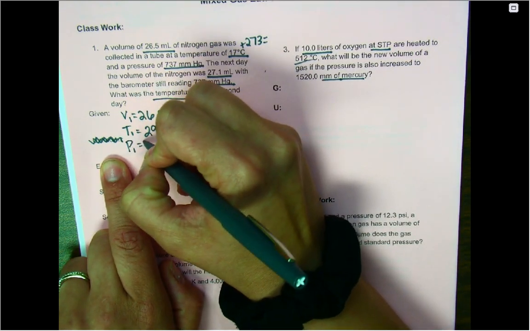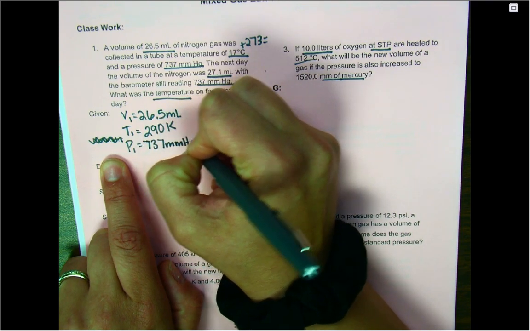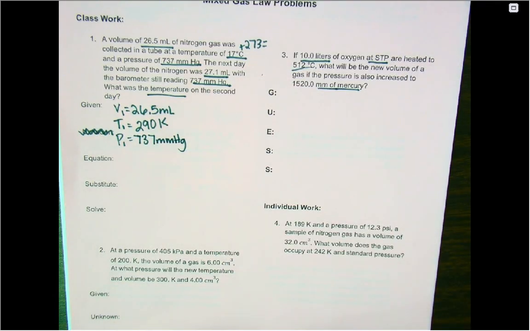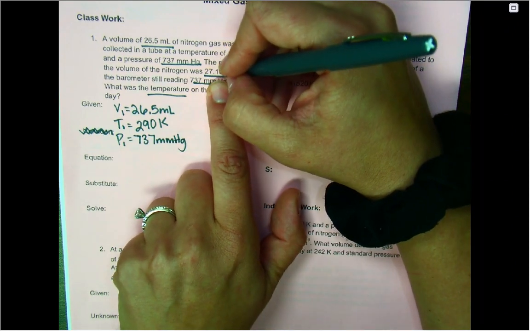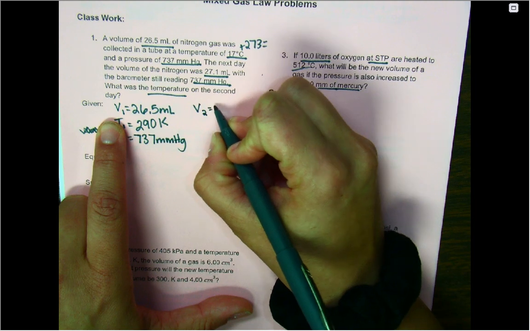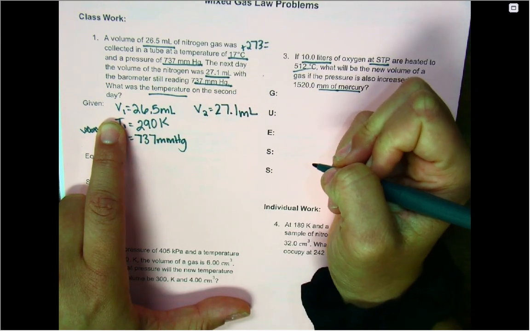So pressure 1, 737 millimeter mercury, right? So we just grabbed that from the problem. Then it says the next day the volume of nitrogen was 27.1 milliliters. So volume 2 is going to be 27.1, okay?